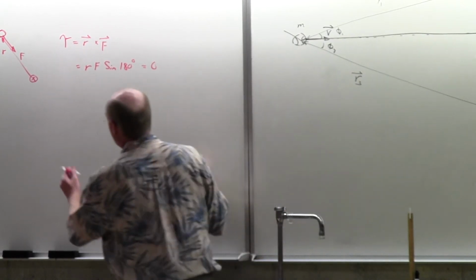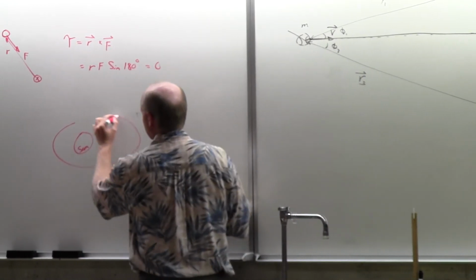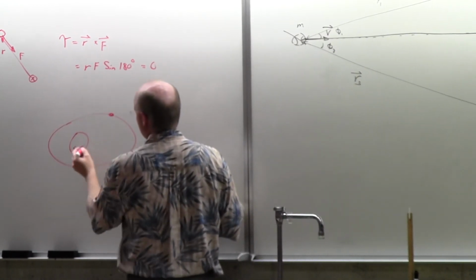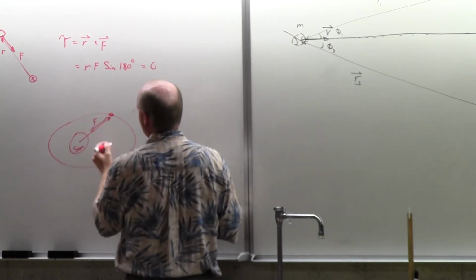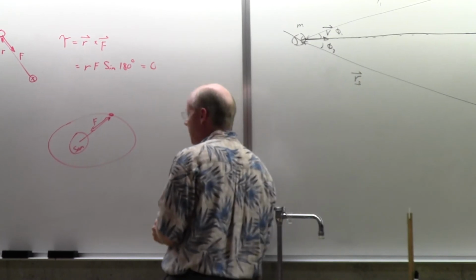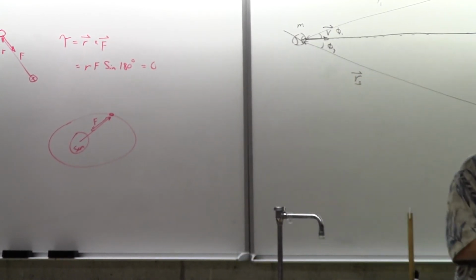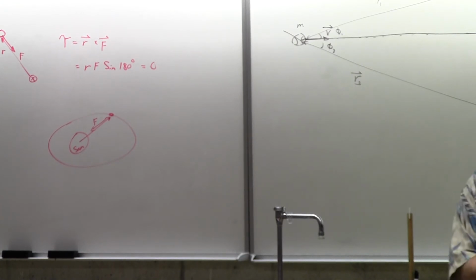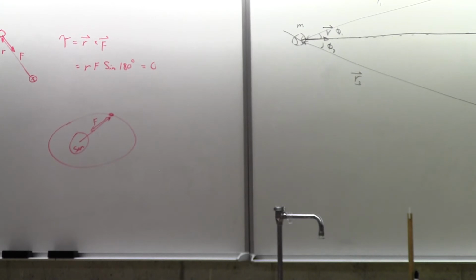This is what I was saying earlier about the planet Mercury. If this is the R out to there, and the force is always in towards the sun, how much torque is applied to the planet Mercury, or for that matter, any planet? Zero. So what would you say about the angular momentum as the planet goes around?